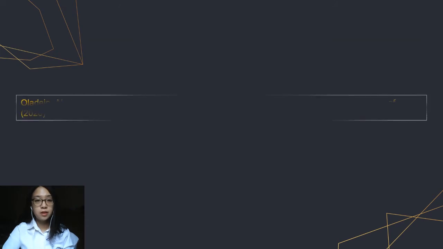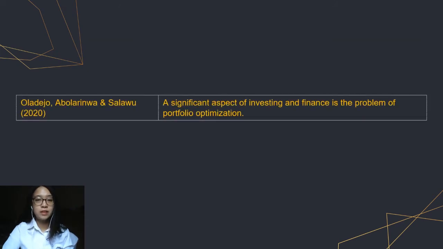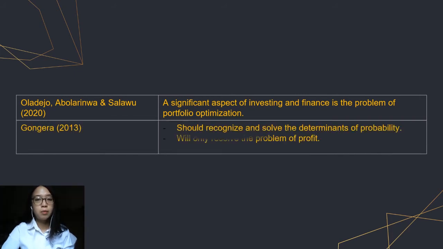Organization also found that a significant aspect of investing and finance is the problem of portfolio optimization, which can impact the major decision makers when allocating capital into different groups. Therefore, based on Concera, commercial banks should be able to recognize and solve the determinants of their profitability in order to achieve milestones in profitability increment. Through this understanding, organizations will only resolve the problem of profit improvement.